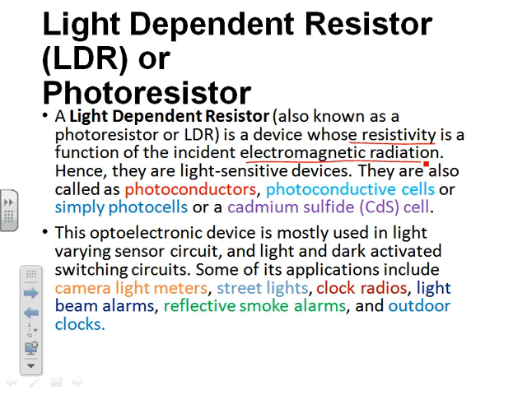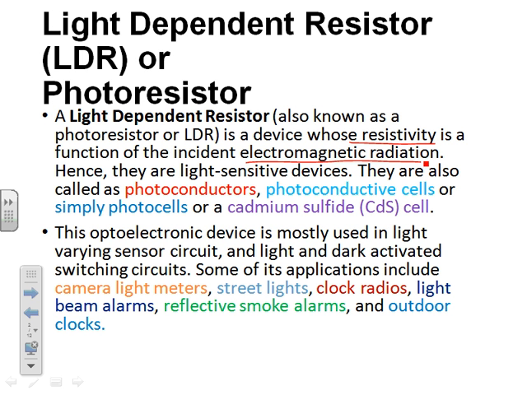That means it is a device whose resistance depends upon the electromagnetic radiation. Such devices are called LDR or light dependent resistors.